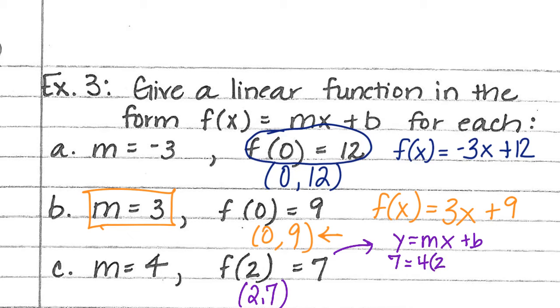My x is 2. We have to find my b. Well, 7 equals 8 plus b. b is equal to -1. So we want to write this whole equation out. F of x is equal to, my slope is 4x, and my b is -1.